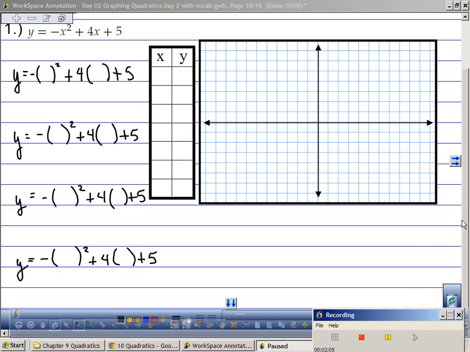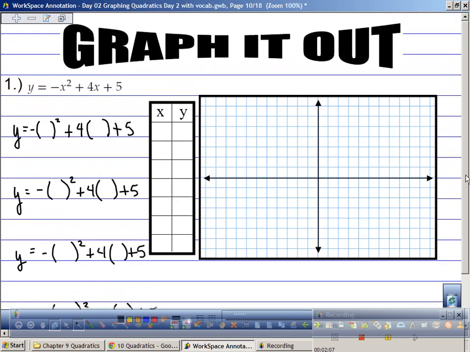Okay, so before we start this, there's one more thing I want to do. Let's talk about the behavior of this graph. So when it was y equals ax squared plus c, what did a do? It made it narrow or wide, right?